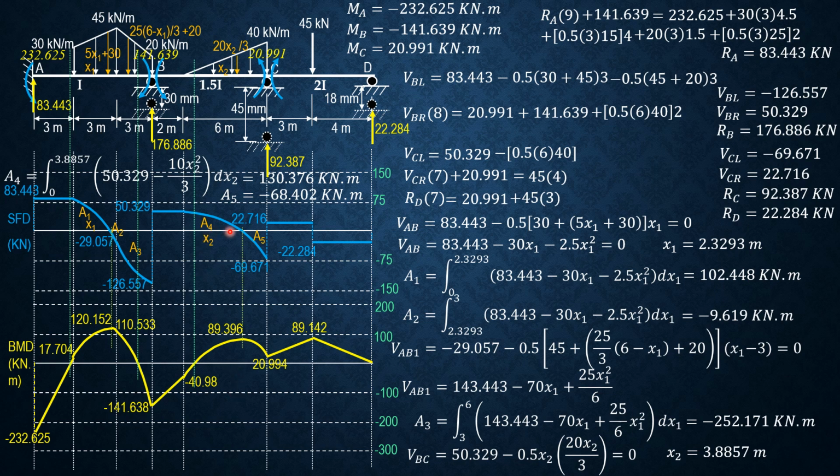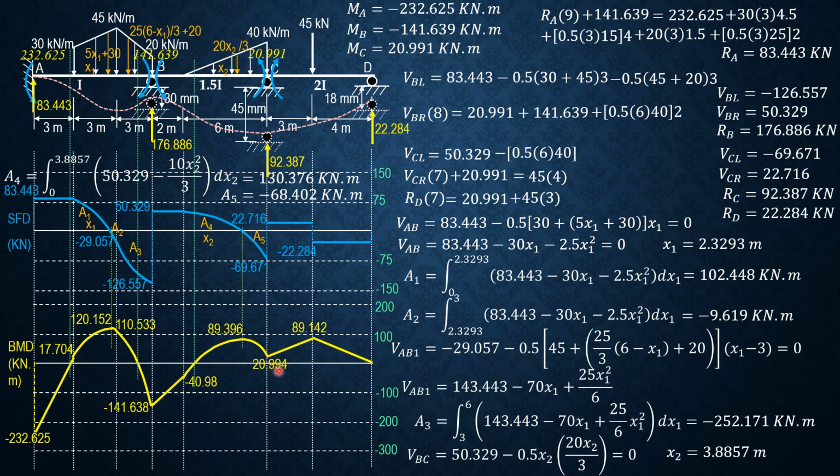Then positive decreasing area 4, negative 40.98 plus 130.376, so that's 89.396 plus area 5, negative 68.402, negative increasing, that's 20.994, which is almost equal to 20.991 moment at C. So that checks.